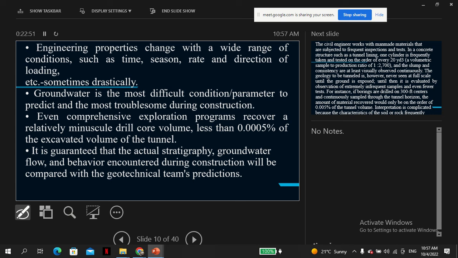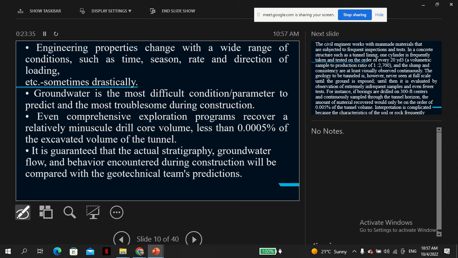So even if you are very careful, you say you want to do a drilling program to get a very good preliminary result upon which to base your designs, the best you can do is to recover this percentage of what you will need to excavate for the entire tunnel.